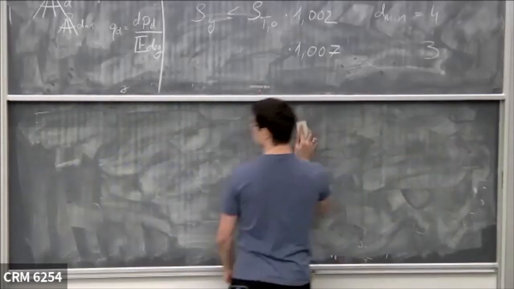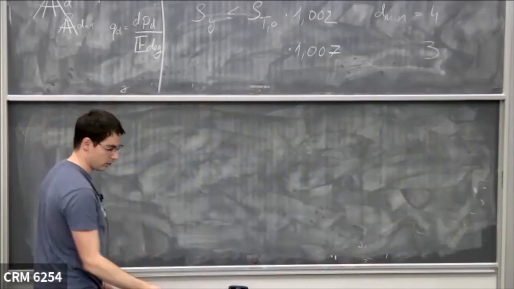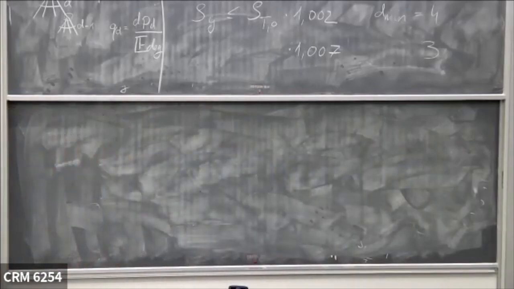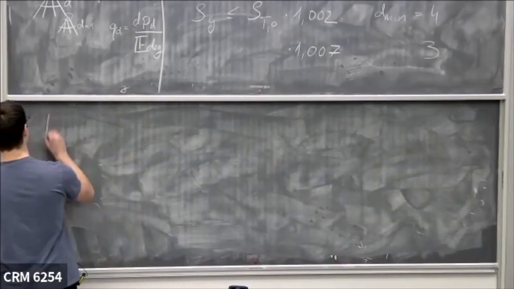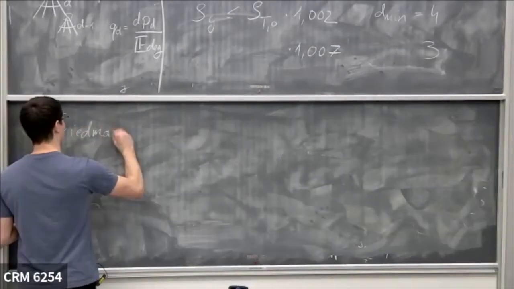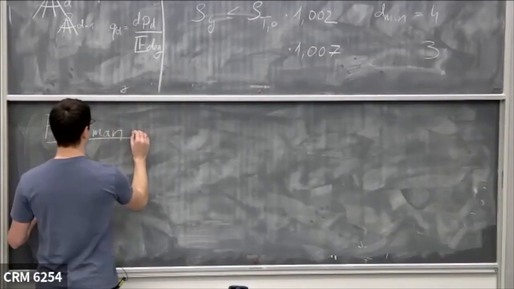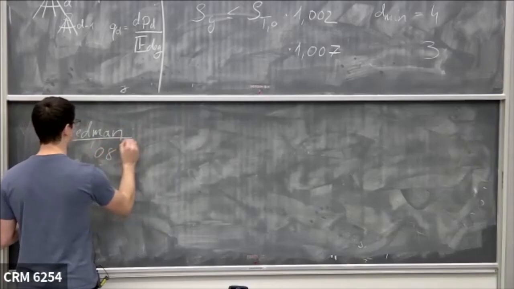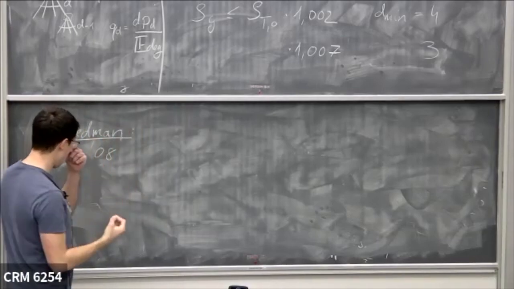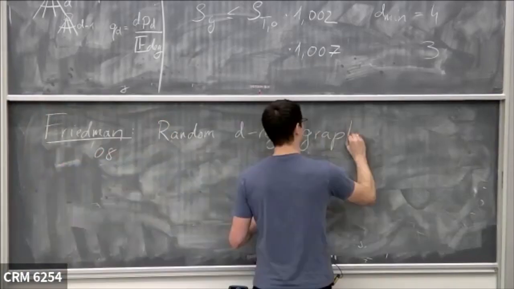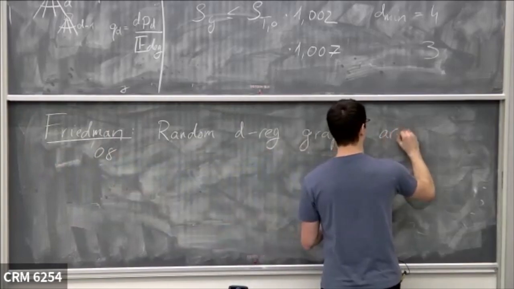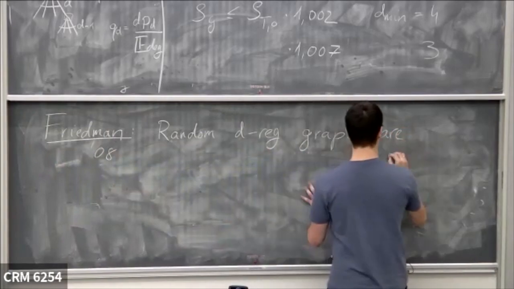So what I want to say is that this result helps us extend an important theorem in finite random graphs. So there is this important theorem of Friedman, I think it's from 08, which says that random d-regular graphs are almost Ramanujan.